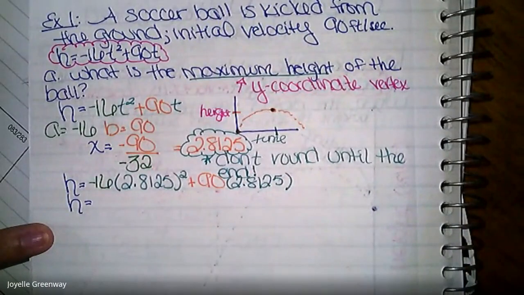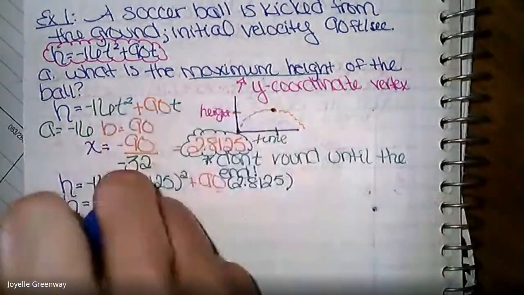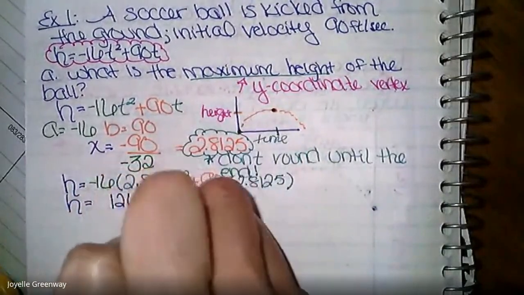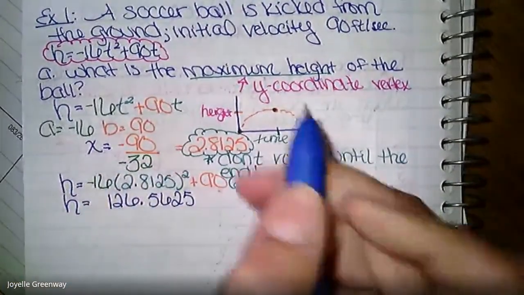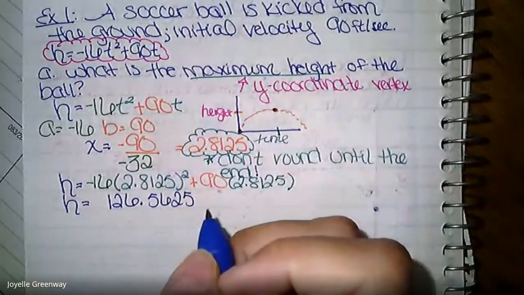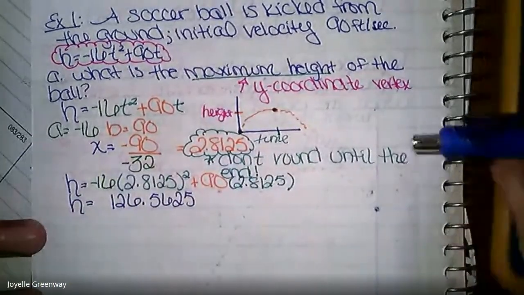All right, so I have 126.5625, and now I can round. Let's round to the nearest tenth.